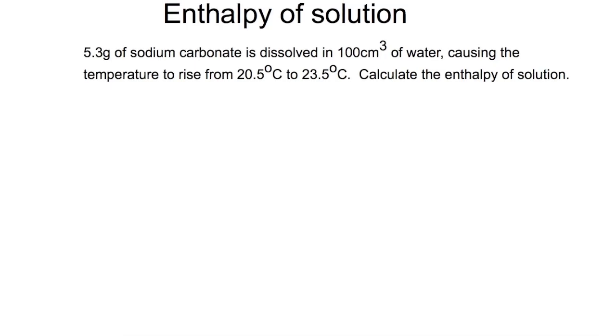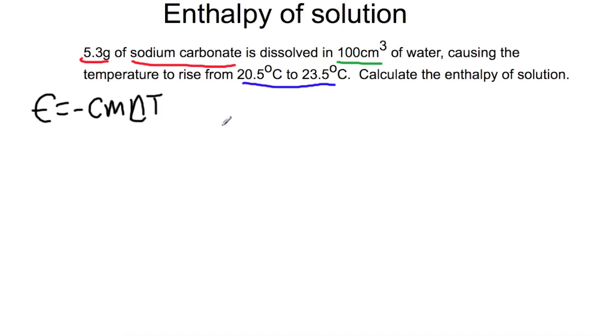So here we have 5.3 grams of sodium carbonate, and we're dissolving this in 100 centimetres cubed of water, and when this happens we have a temperature rise from 20.5 to 23.5. So the first thing we need to do is to calculate E equals minus Cm delta T, just as we did for enthalpy of combustion.